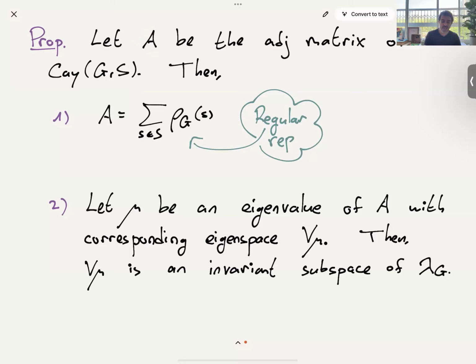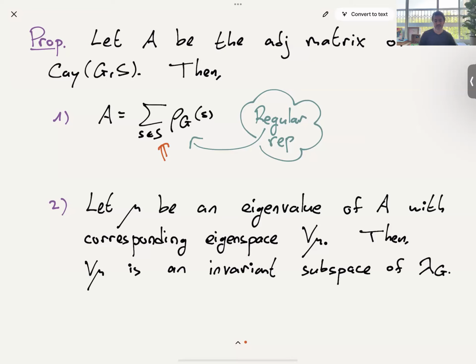Then first of all, A can be written like that as an operator on the group algebra, as the sum where you sum over all elements in the generating set, and you apply the regular left or right representation, depending on what you're doing. This is the left one.